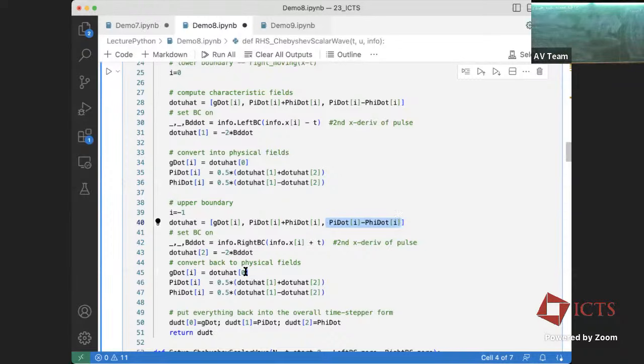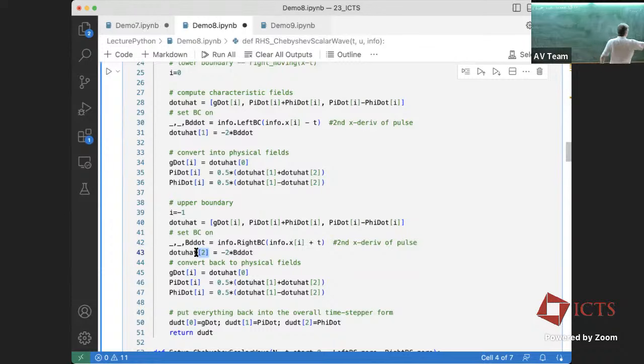And this piece of code is utterly identical to the one we've just went through, except that it's at the opposite boundary. Whatever mode is moving left on the lower boundary into the domain, that's the one that's going out at the other side.